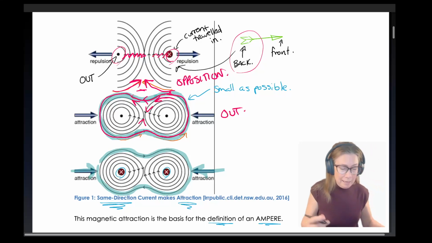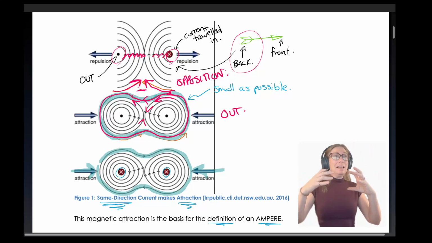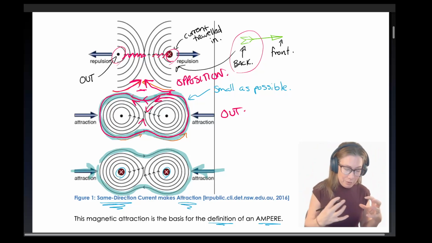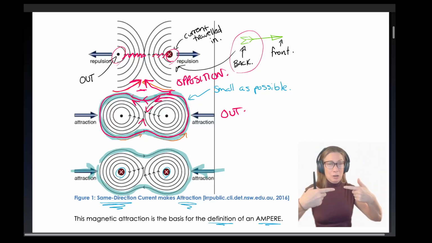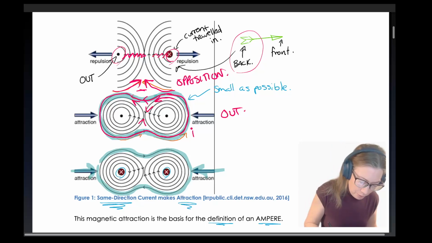And then when they join, they want to become as small as possible. So kind of like an elastic band, they pull themselves together. And when they pull themselves together, that's what causes this attraction between two current carrying conductors, or two wires. It pulls the wires together.